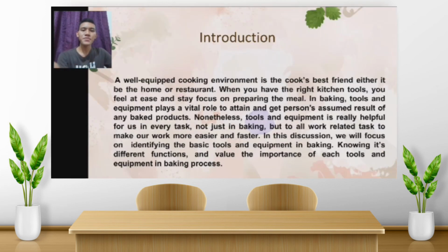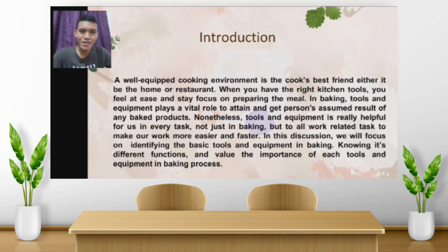For our introduction, a well-equipped cooking environment is the cook's best friend, either at home or in a restaurant. When you have the right kitchen tools, you feel at ease and stay focused on preparing the meal.